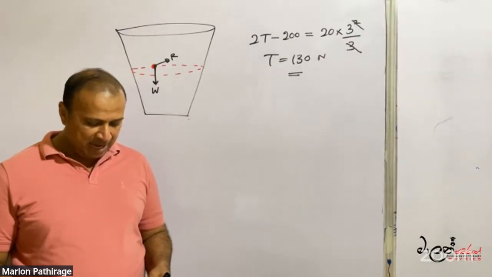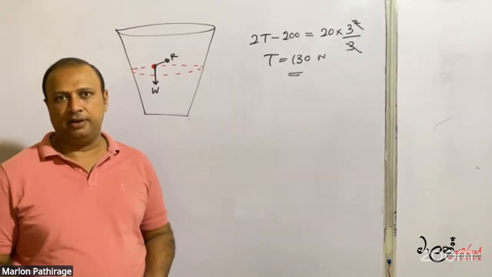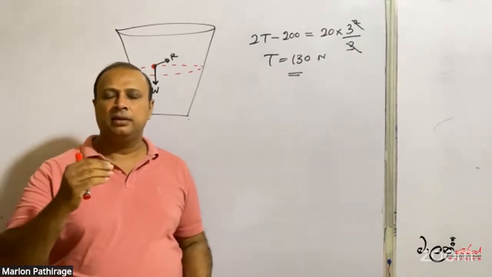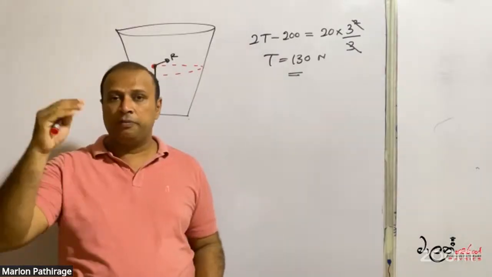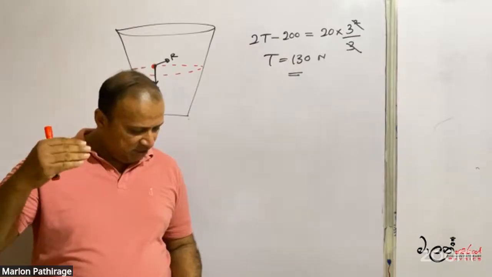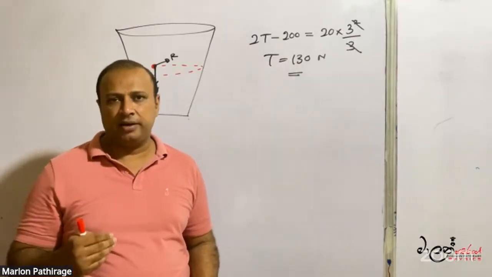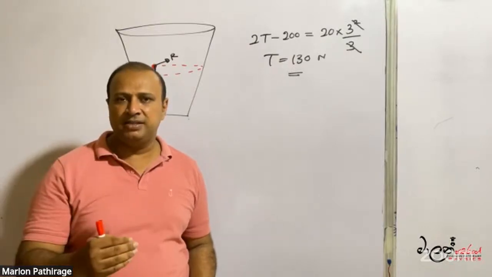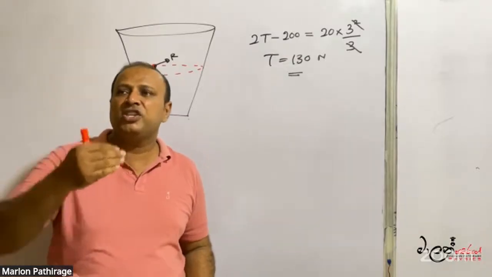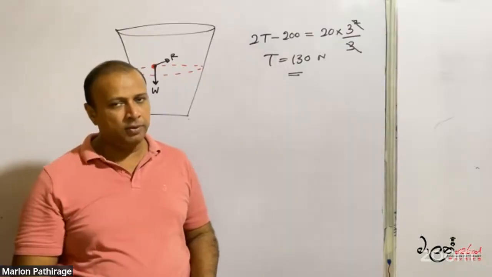The initial unstretched length of the elastic string is r. Now this toy car rotates in a circular path of 2r, but the initial unstretched length of the string is r. That means now this string is stretched by another r. You have to understand that.